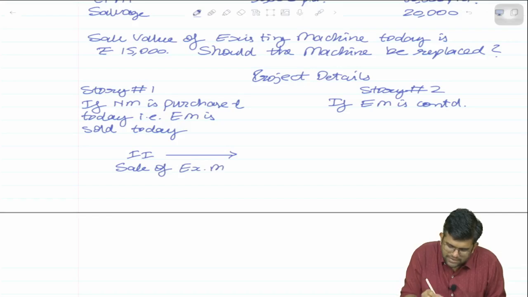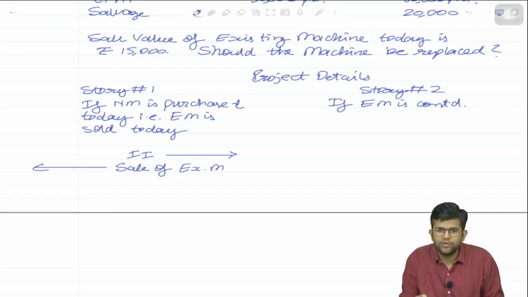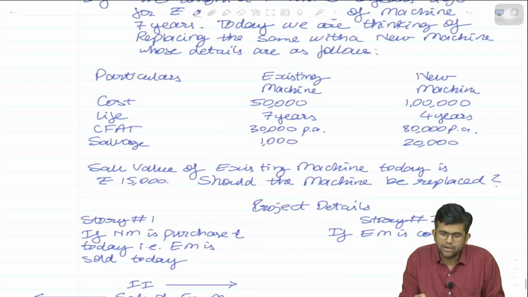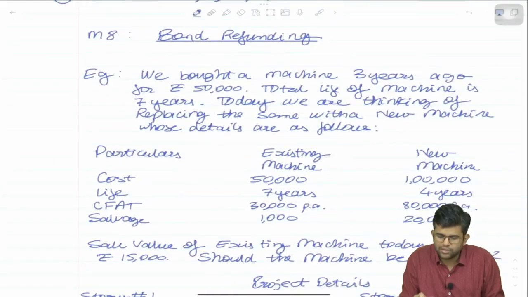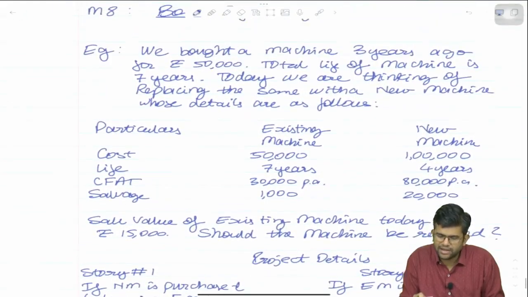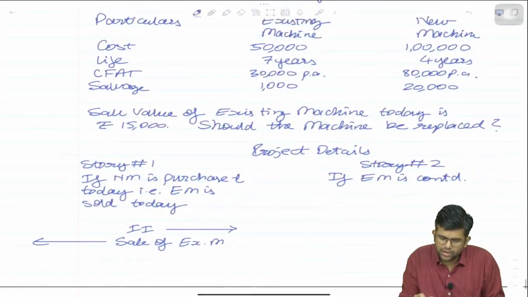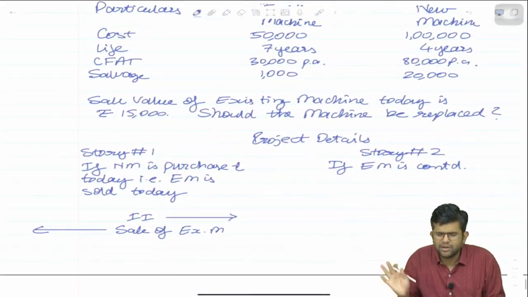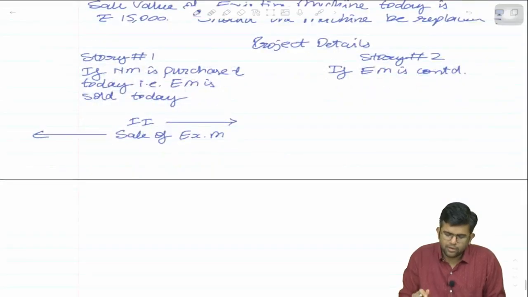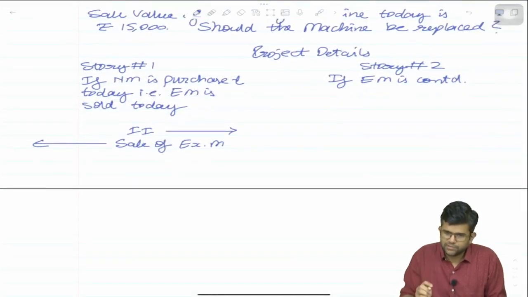Sale of existing machine, and that will result in an inflow. See, I go and buy the new machine today for rupees 1 lakh, but at the same time the existing machine I will no longer require, I will sell it off. Now the new machine is with me.